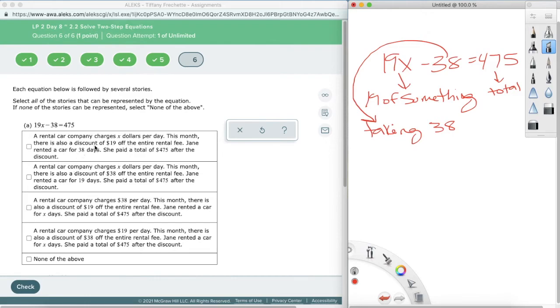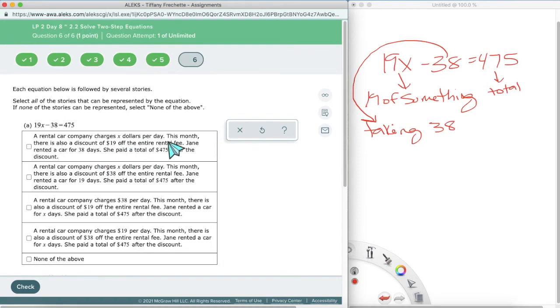Now they're switching it up and saying it has a discount of $19. Discount is one of those minus words. That tells me I get to take that off, I get to subtract that away. Well, that's not what's happening with the 19 in our equation here. 19 is being multiplied by X, so this should be more like a daily fee. And in this case, I want to uncheck that.